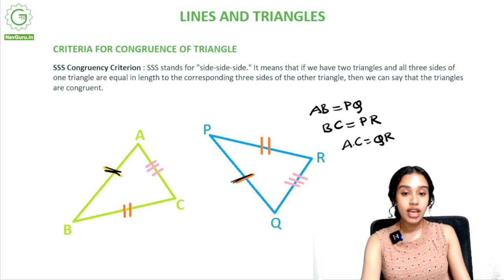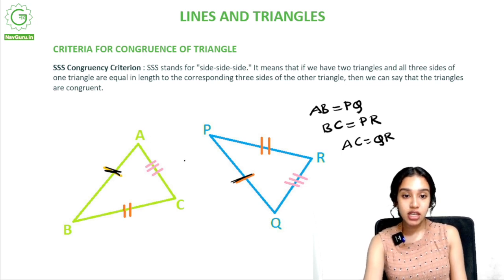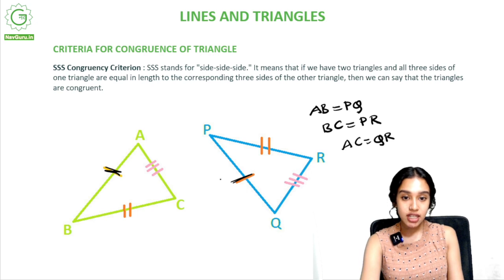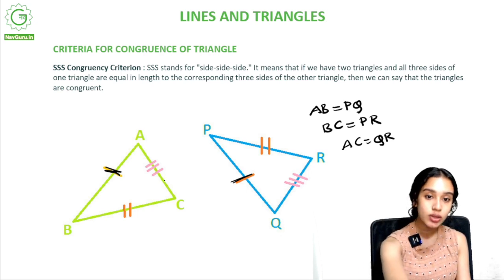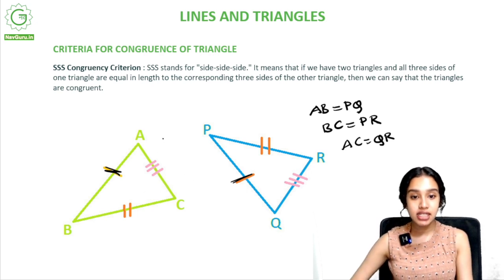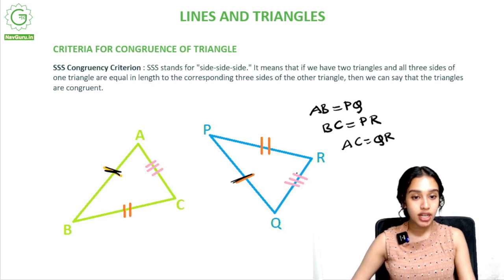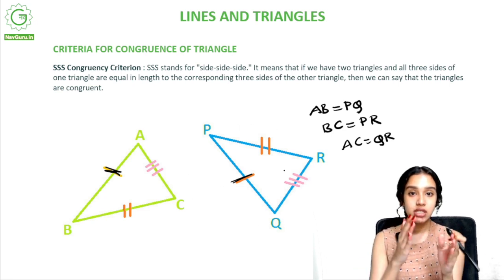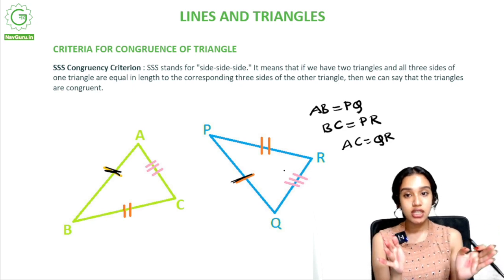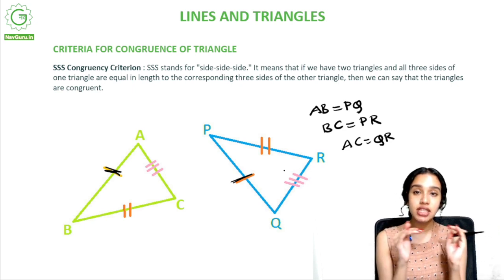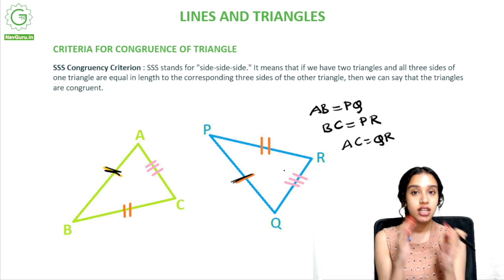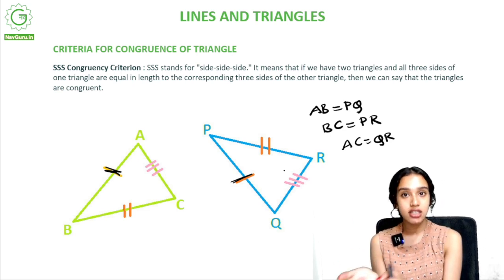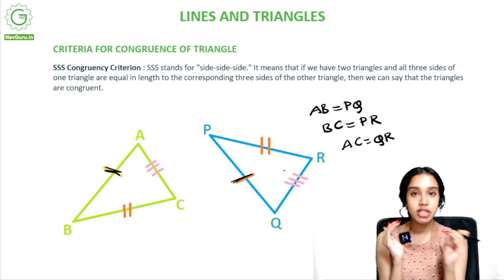So we have all three sides of one triangle equal to the three sides of the other. If we place side AC over QR, then AB would be placed on PQ and BC would be placed on PR. Then it becomes the same triangle. So this criterion says that when three sides of a triangle are equal to the three sides of another triangle, they are congruent triangles.